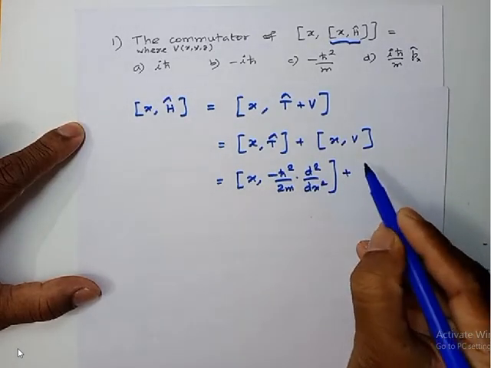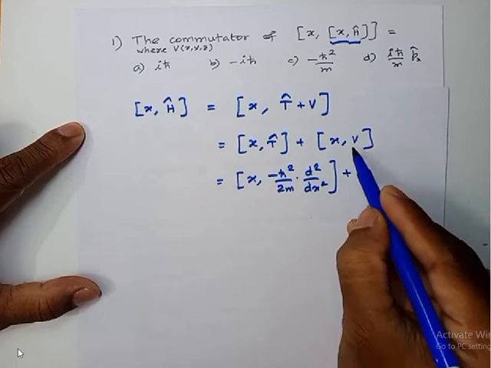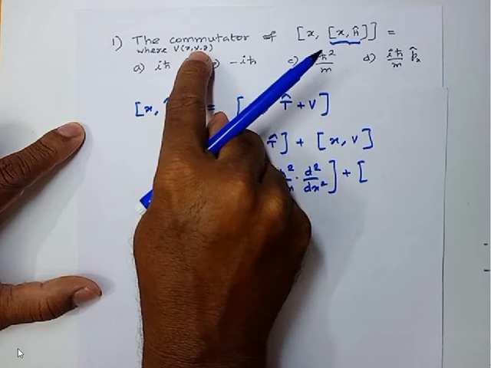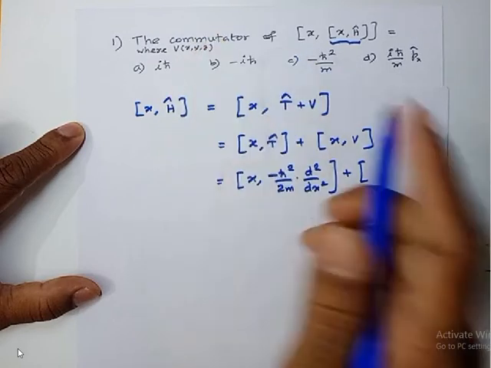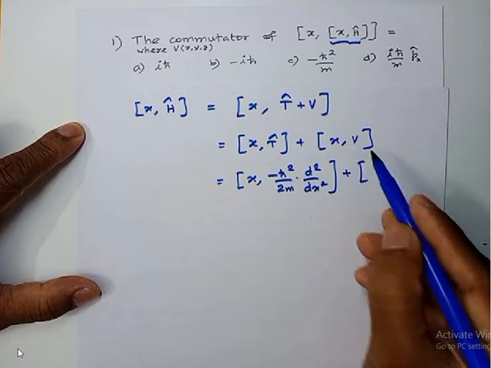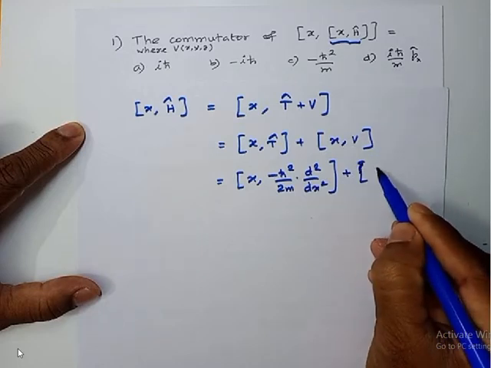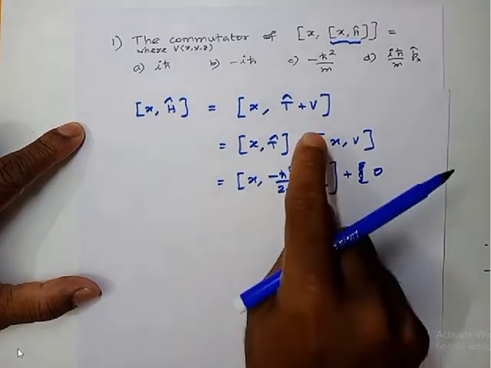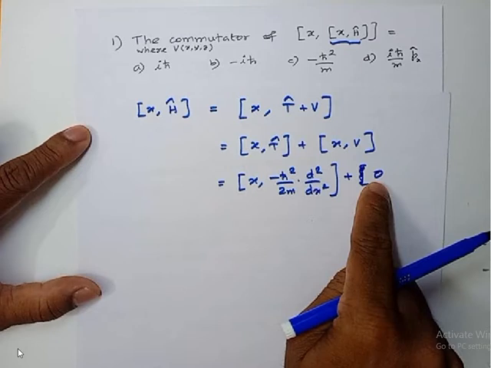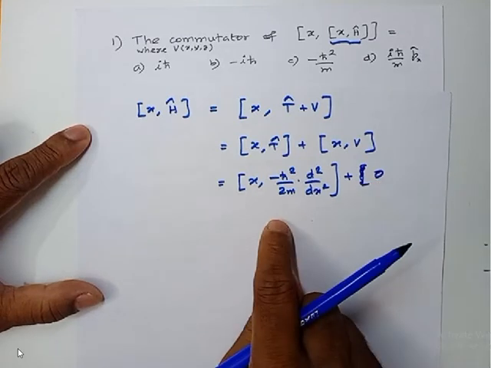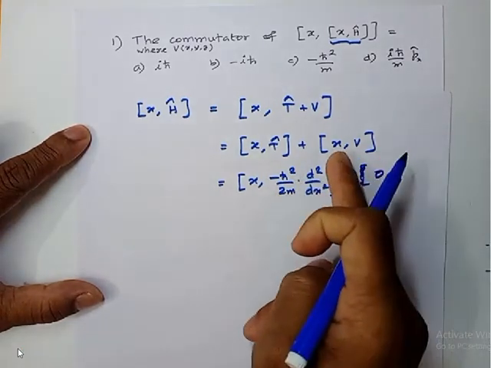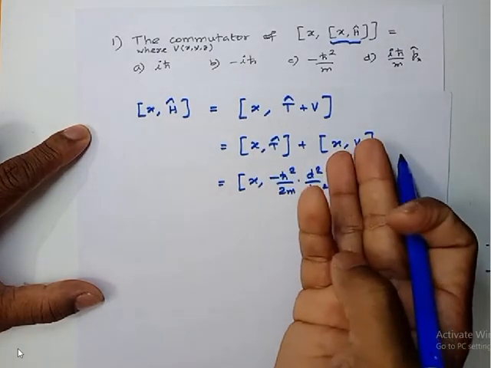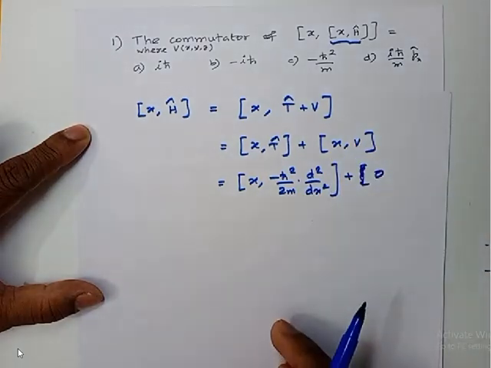Plus, here the potential energy is a function of x, y, z, that is, a function of position only. Therefore, x and V commute, so the commutator of this is 0. Using the commutator formula, AB minus BA gives the same answer for x comma V, therefore the answer is 0.